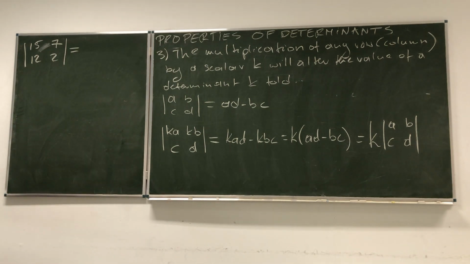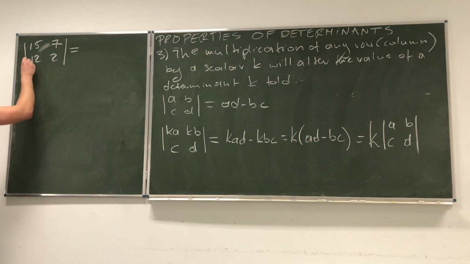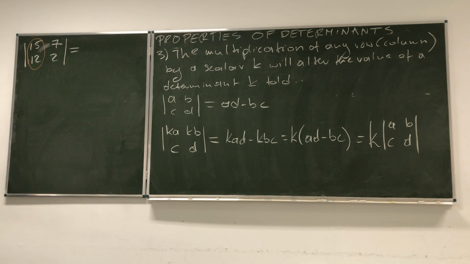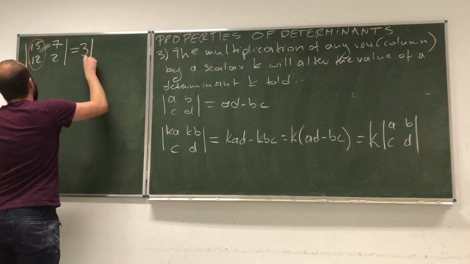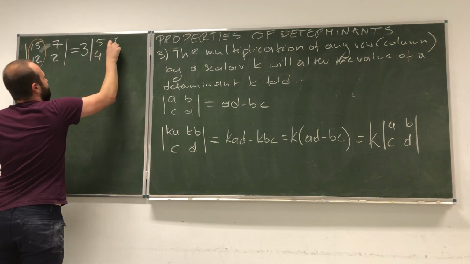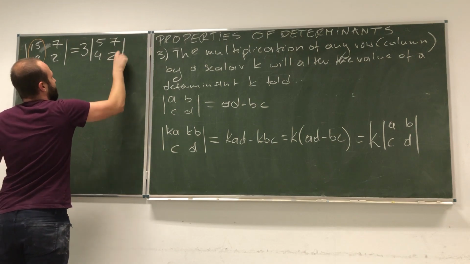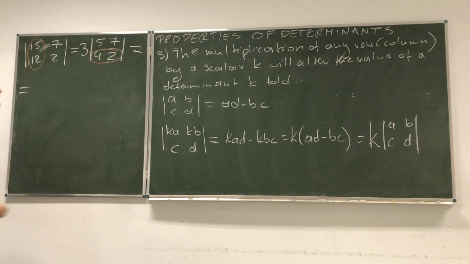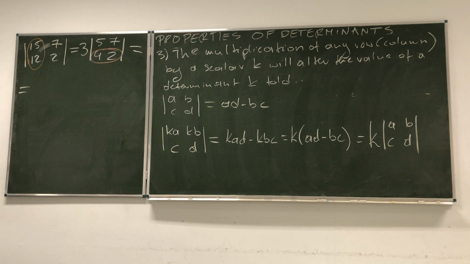What can I do here? For example, I would like to take 3 out of the first column. So, if I do this, I'm going to have 5, 7, 4, 2. But look, I can simplify this even further. Because out of the last row, I can take also 2.